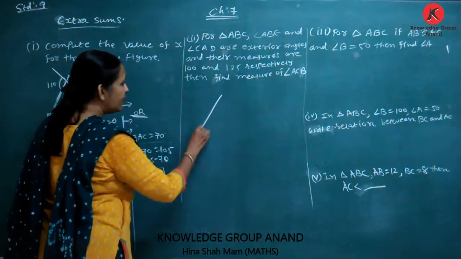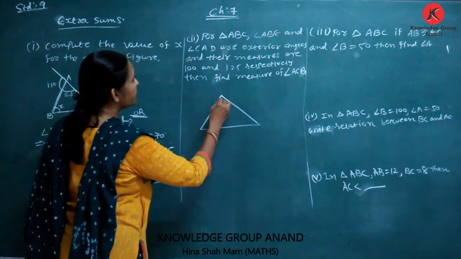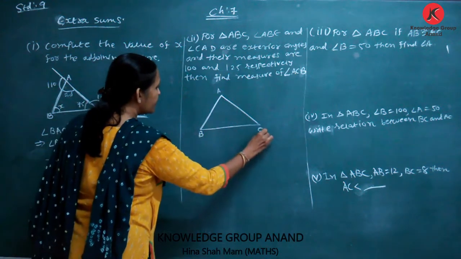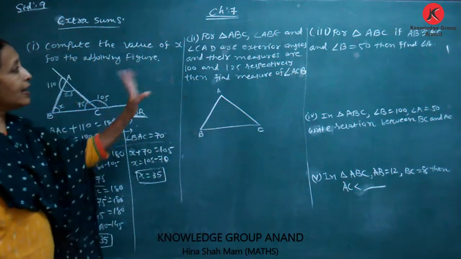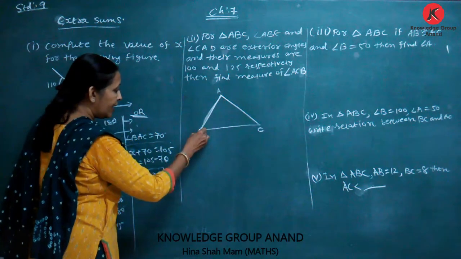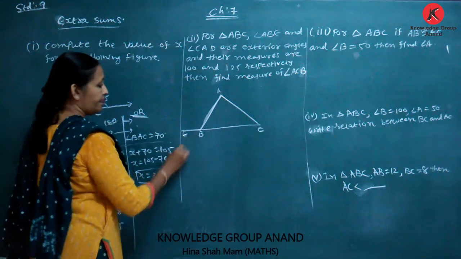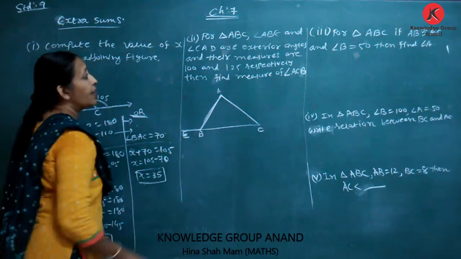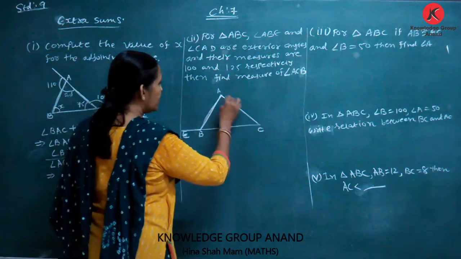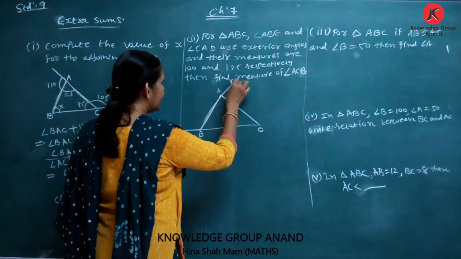In triangle ABC, A, B, C. Angle ABE is an exterior angle, A, B, E. And angle CAD, C, A, and here D.